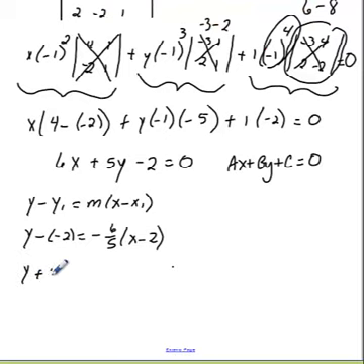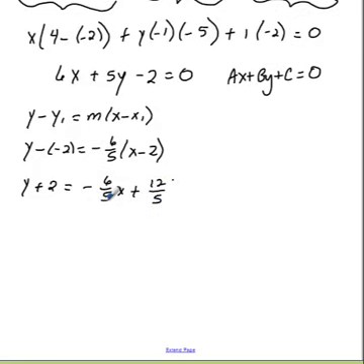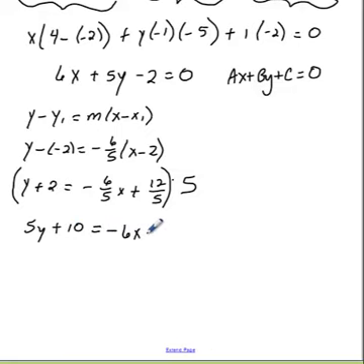Y plus 2 equals negative 6/5 x plus 12/5. Now I could clear my fractions right here by multiplying the entire equation by 5, the denominator, to get 5y plus 10, 5 times 2, equals negative 6x plus 12. Because over here on the right, the denominators cancel out, and I just get that.